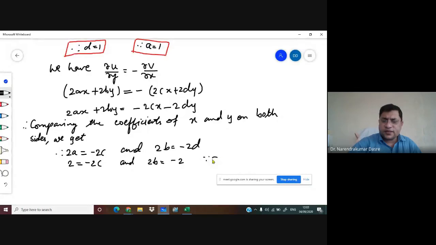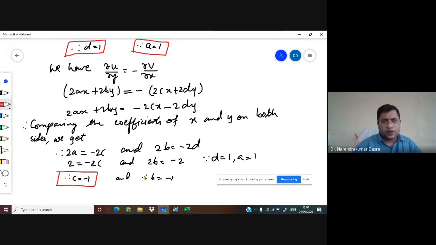Why am I able to write that? Since d is equal to 1 and a is equal to 1, we put the values of a and d here and then we get this equation. From this equation, c is equal to minus 1, and from this equation, b is equal to minus 1.